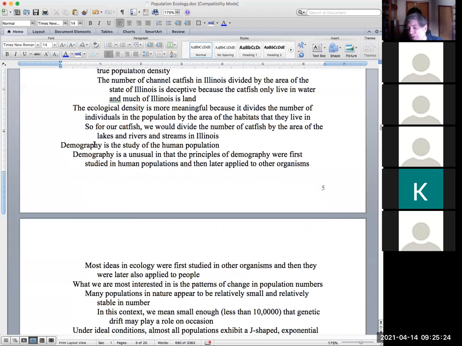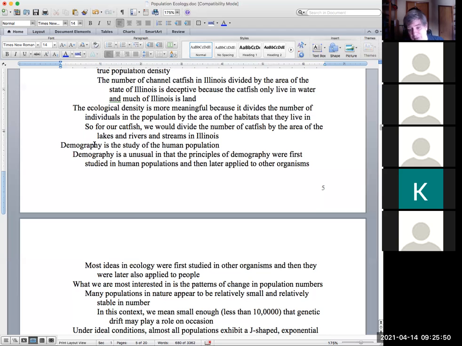And actually demography started with one of the people who gave Darwin some of his inspiration for his ideas about evolution. The Reverend Thomas Malthus in the early 1800s wrote about overpopulation in humans. And he wasn't really worried about problems that we might think about in connection with overpopulation today.